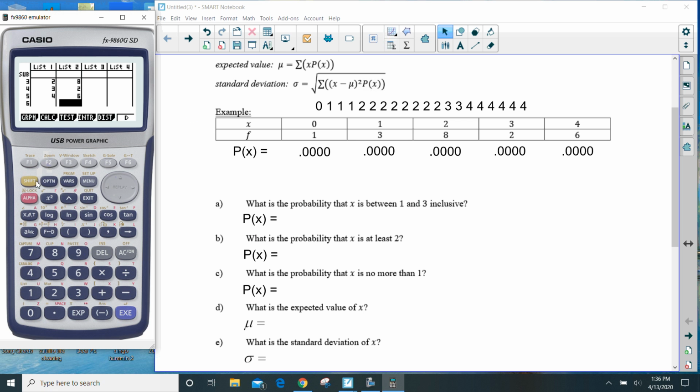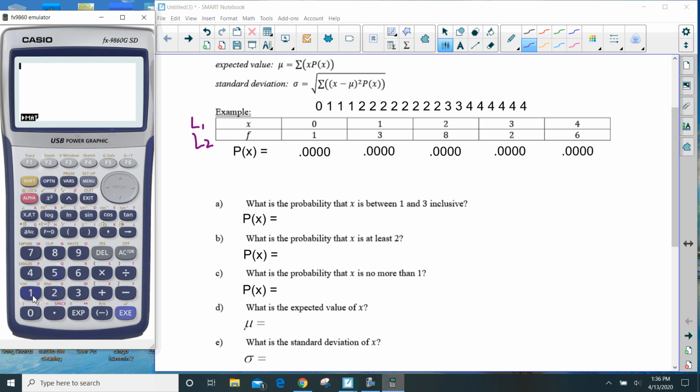If this is list 1 and this is list 2, the total number of things would be the sum of list 2.